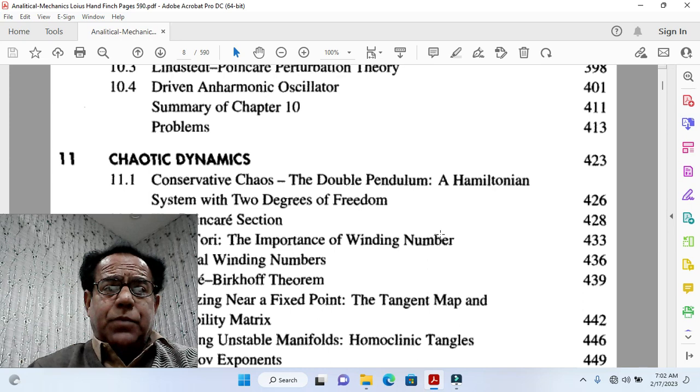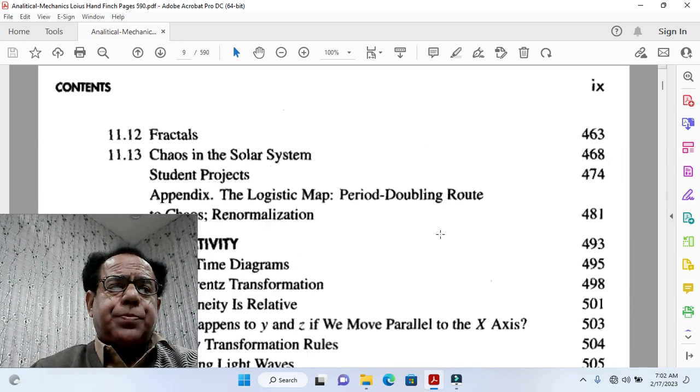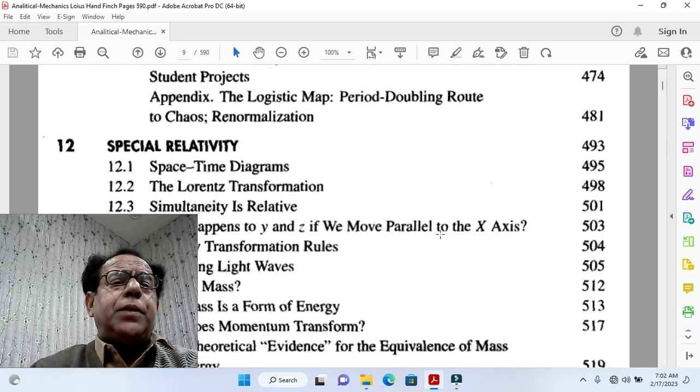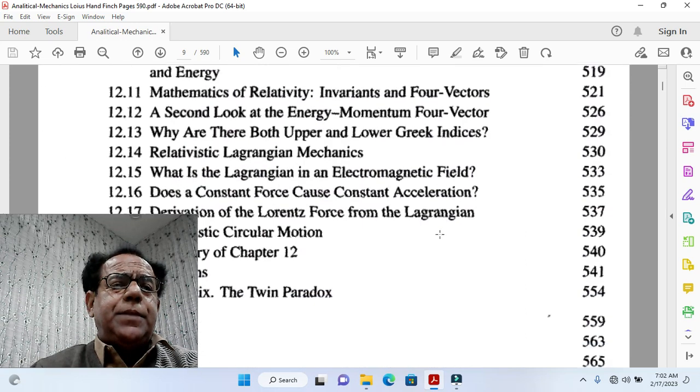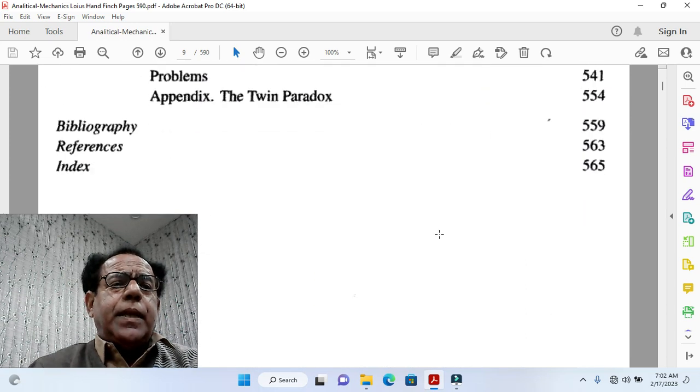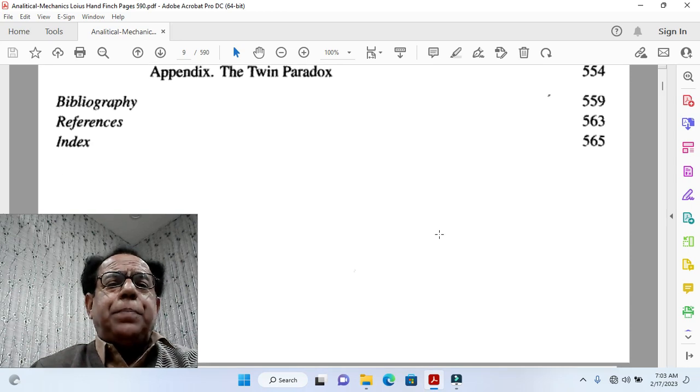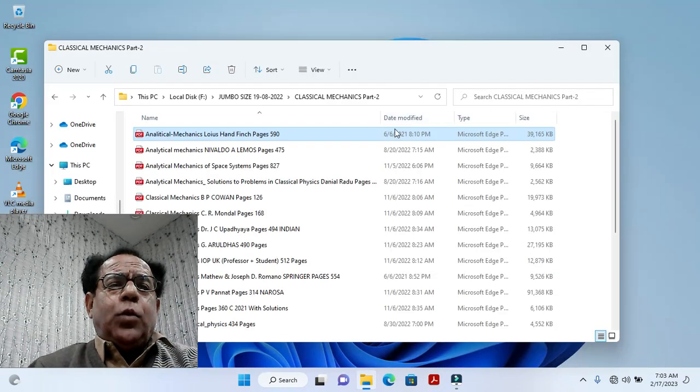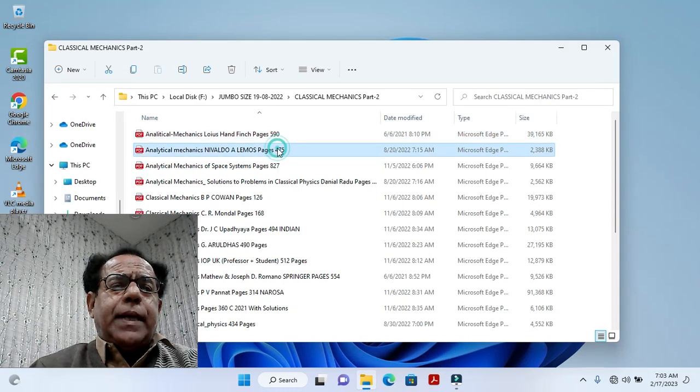Chapter number 11 is chaotic dynamics. Chapter number 12 is special relativity, and the index is given at page number 565. I think it is enough about this book, and now we open the next book.